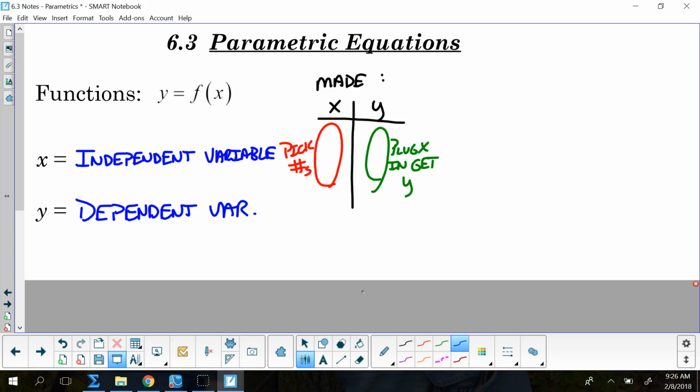We plot the points. So we plotted x comma y.